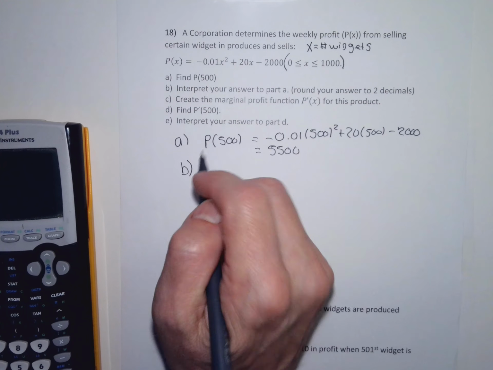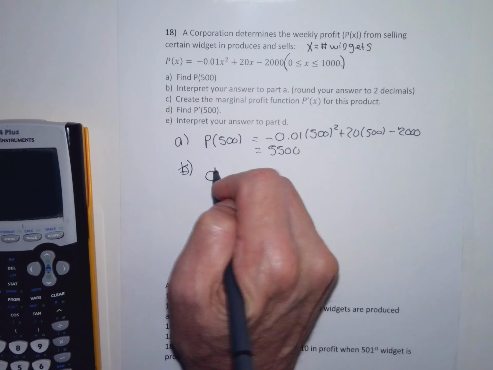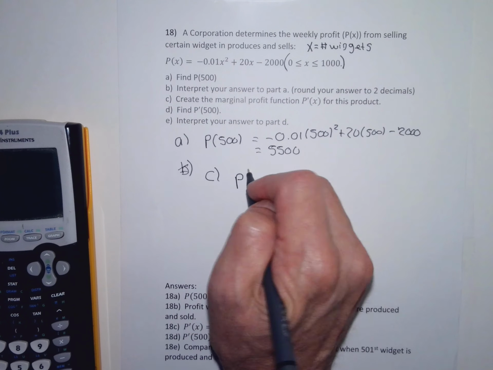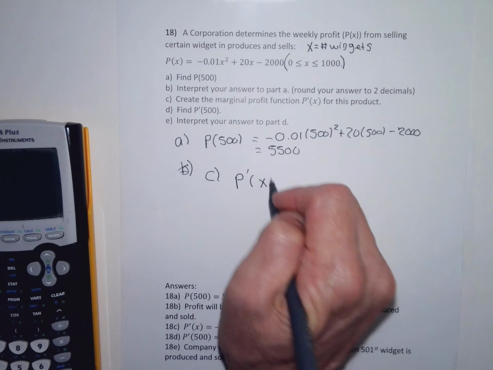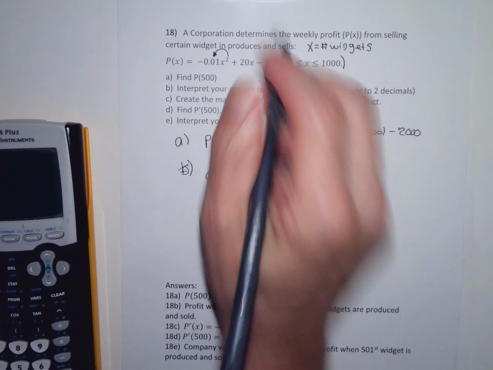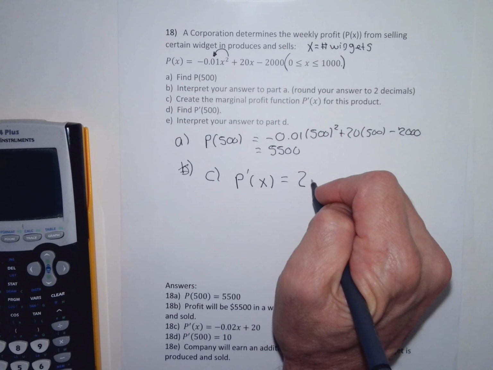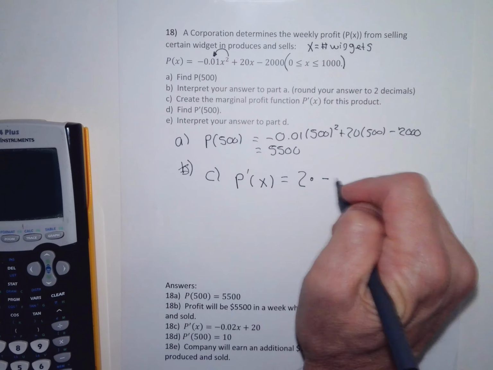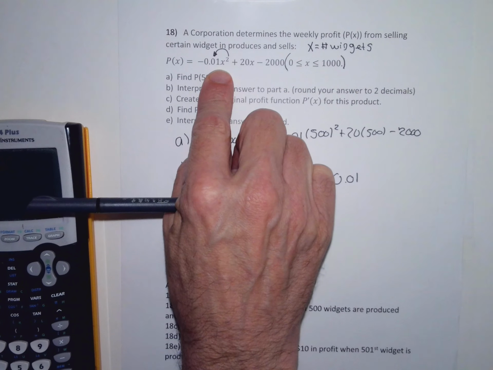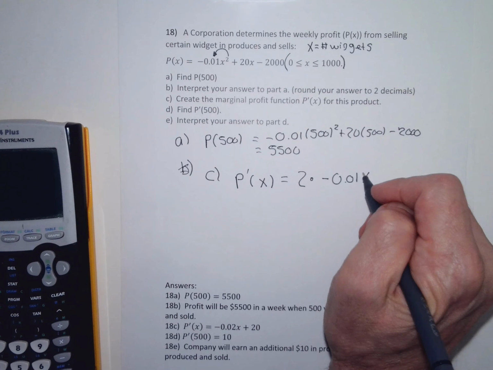For part C, it wants the marginal profit function, which is just the derivative of the profit function. So marginal profit is derivative of profit. I'm going to find it by doing the general power rule. I'm going to multiply the exponent of 2 times the coefficient of negative 0.01 for the first term, lowering it from x squared to x.